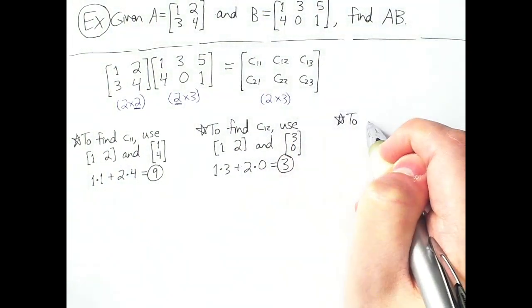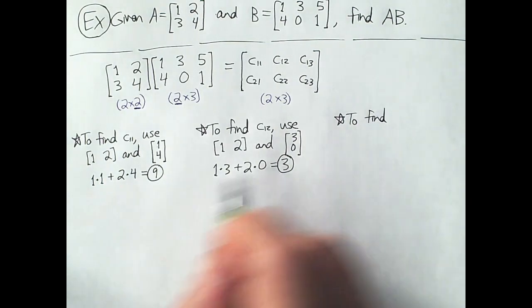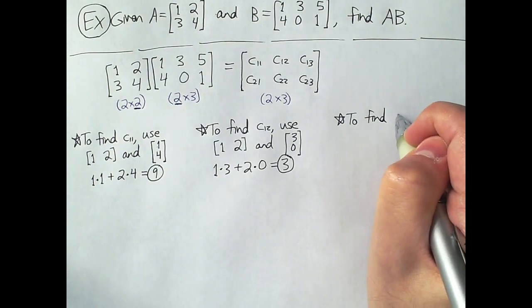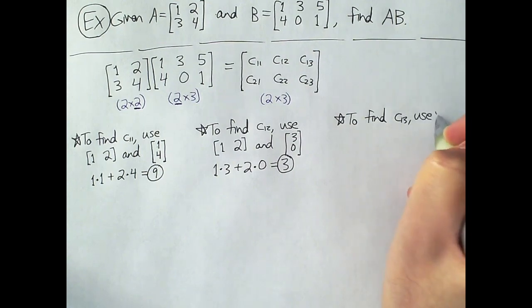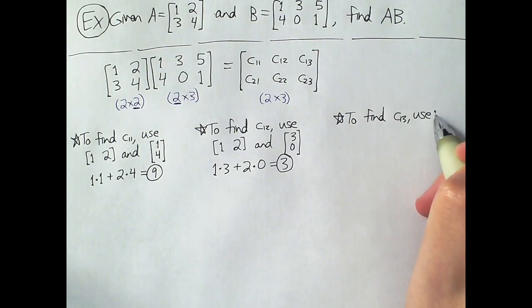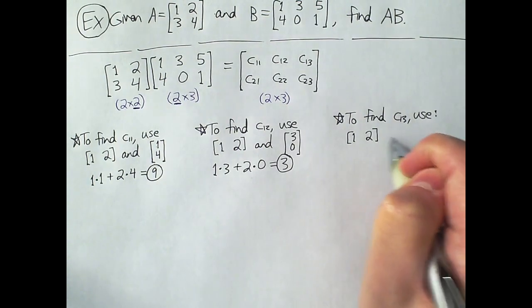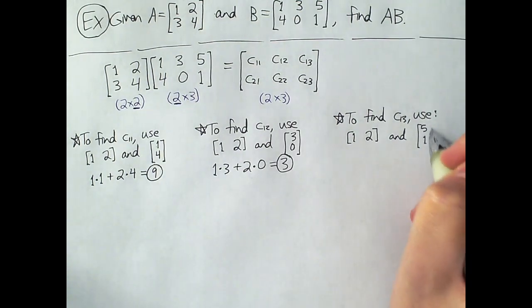Now, I'll tell you that as we do more of these, you don't have to necessarily write out quite as much as I'm writing. I'm writing this much because it's new to us, unless you may have seen it in some kind of pre-calculus class or something like that. We sometimes cover it. For C13 you use row 1, 2, and column 3 from B is 5, 1.